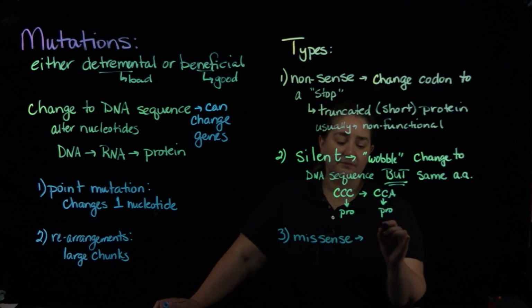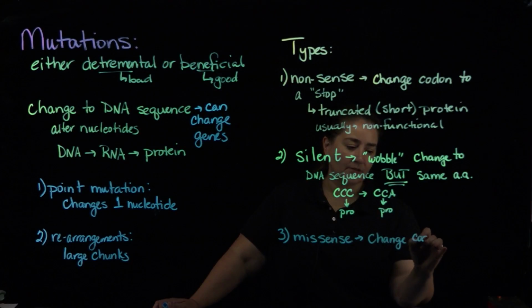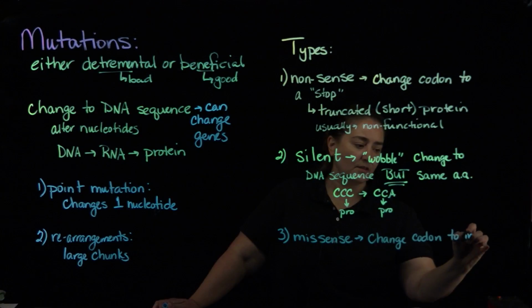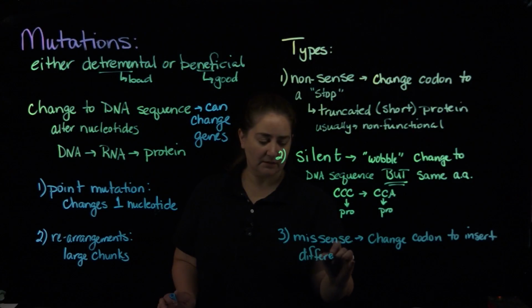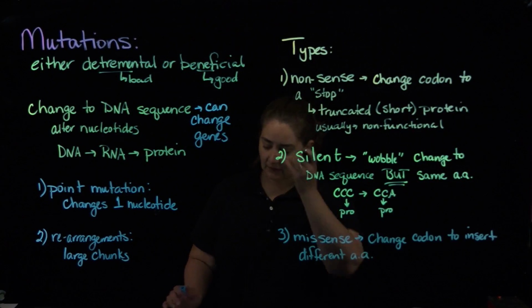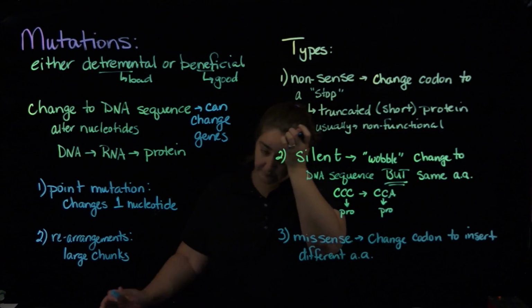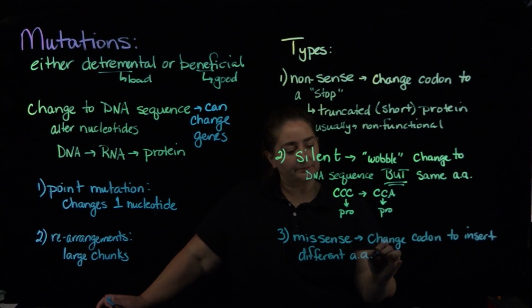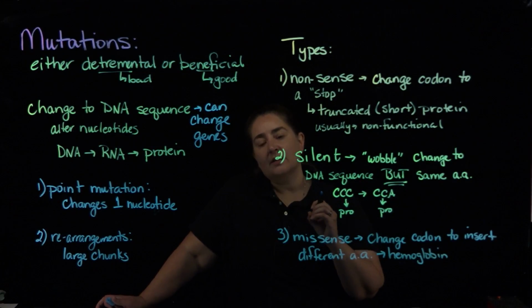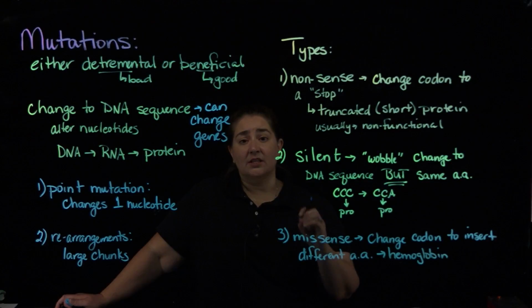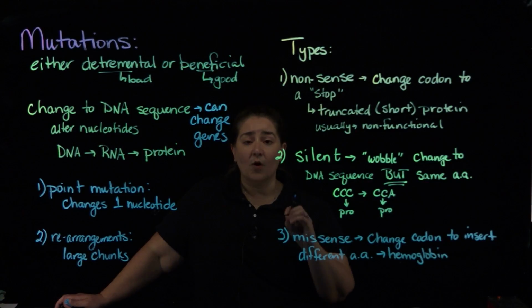Missense mutations change the codon to insert a different amino acid, okay? And the book likes to use hemoglobin as a great example of this, because people who suffer from sickle cell anemia, believe it or not, the change in their genetic code is just one DNA nucleotide that's different from normal.